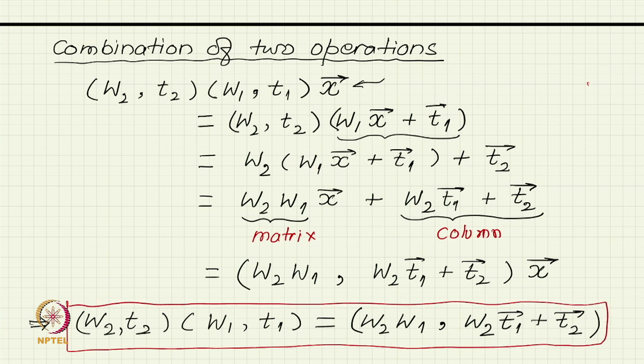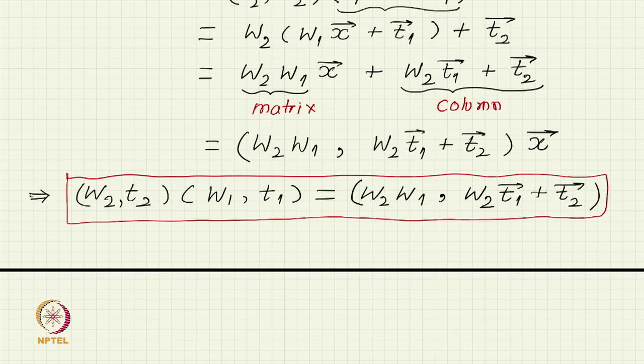What will be W3, W2, W1? Yes. And I think the last translation will be left, and in between there will be combinations. Means what translation is rotated by what matrix? You can do it in sequence, and it will be associative. So, you do not have to worry about whether you first multiply 1 and 2 and then multiply 3, or first multiply 2 and 3 and then multiply 1.